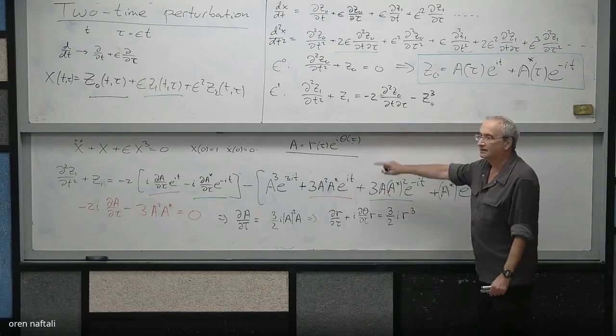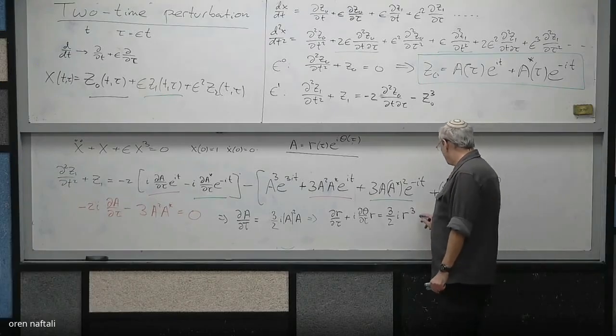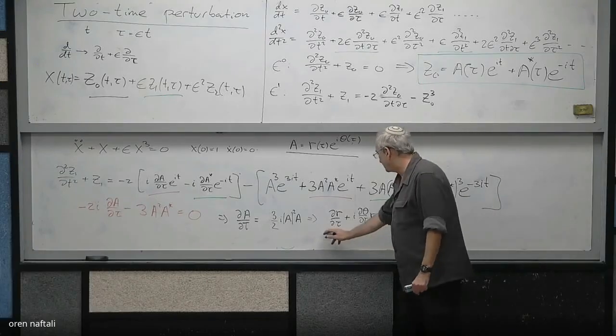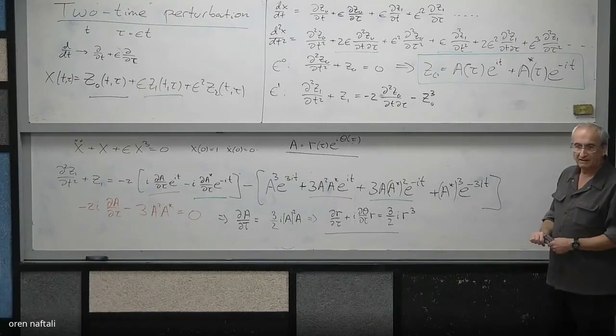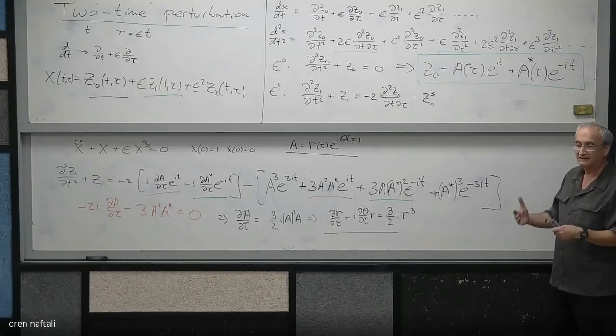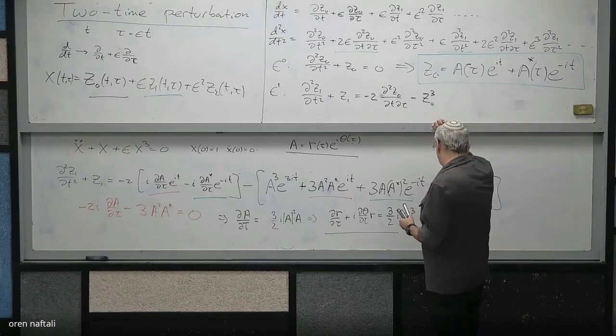And the e to the i theta cancels. What I'm going to do with this equation is separate it into the real part and imaginary part, because R and theta are real. So the real part and the imaginary part must be satisfied, each one independently.